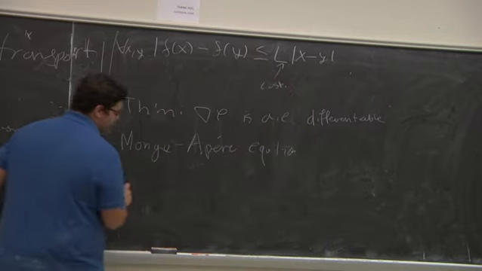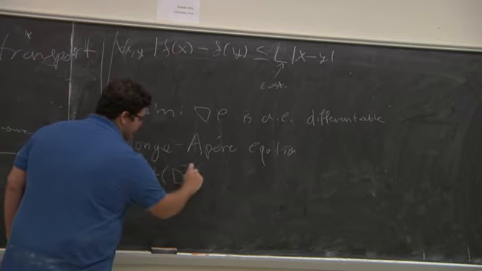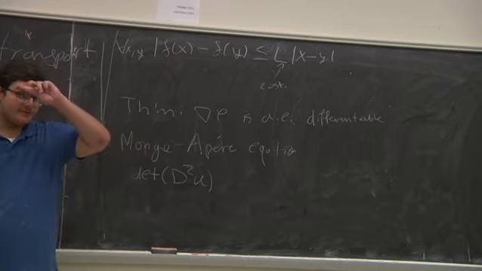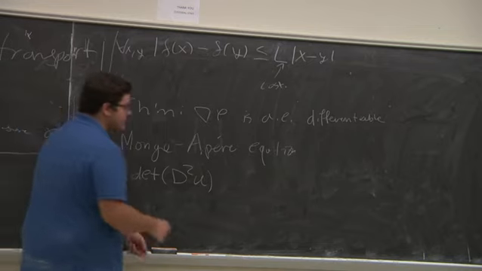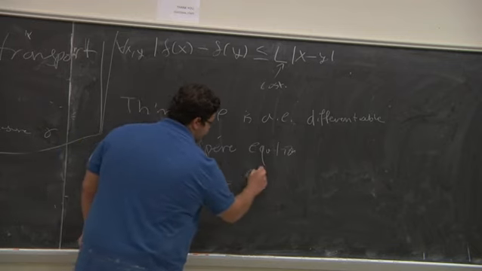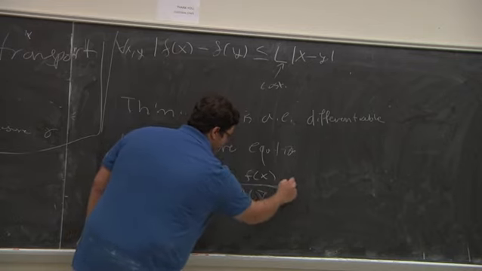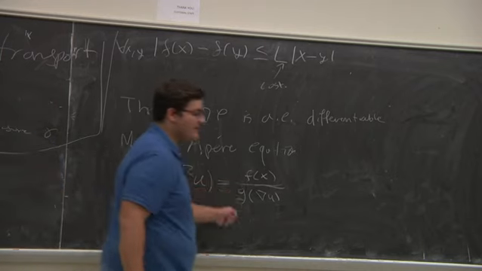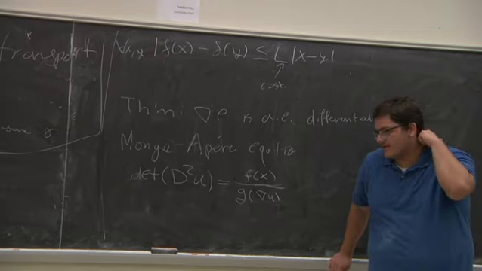What it says is that the determinant of the Hessian, so remember that, it's the determinant of the matrix of second derivatives, equals f of x over g of the gradient of u, for almost all x, for any given f, and you need some conditions on g. Okay, so this is the Monge-Ampère equation, and the regularity of its solution.